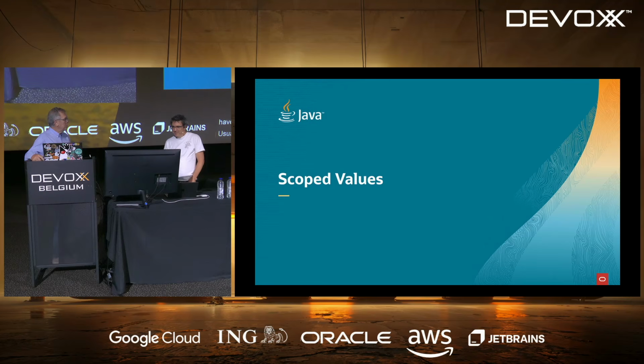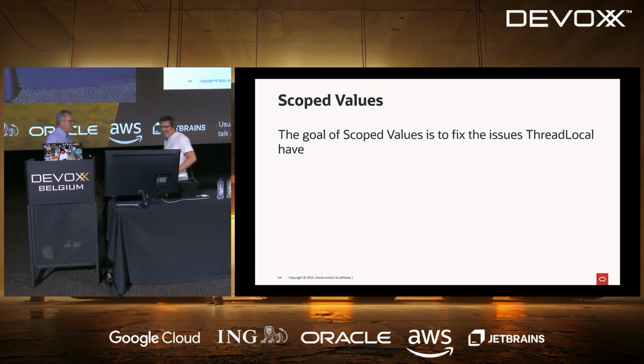Scope values. You want to talk about scope values? Yeah, why not? You have plenty of things to say about ThreadLocal variables. So now we have a problem. Now that we have 1 million virtual threads, we have a problem with ThreadLocal.